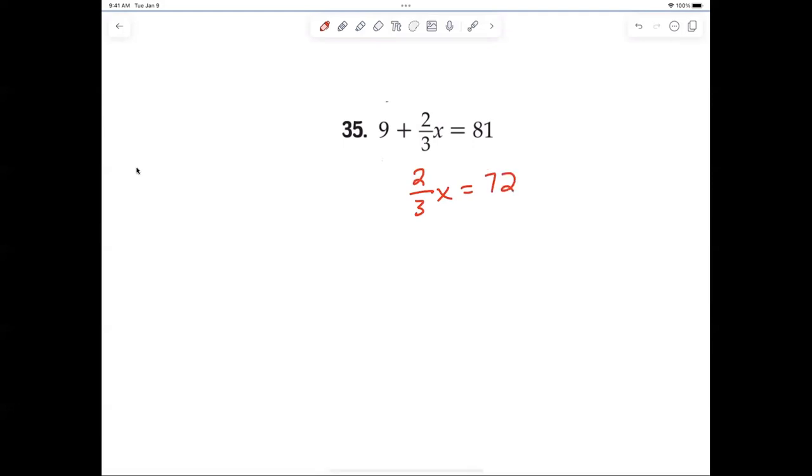Perfect. Now what? And instead of saying divide, we could say multiply. And what is the reciprocal? Yes, ma'am. So now you have to be careful.